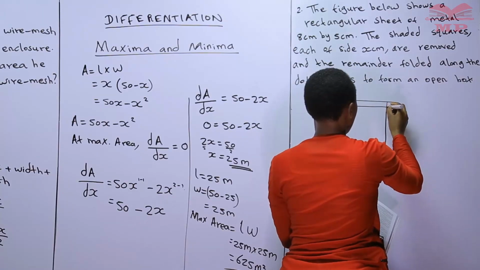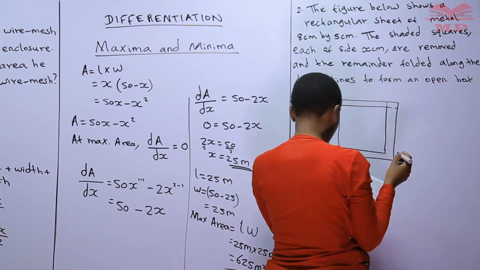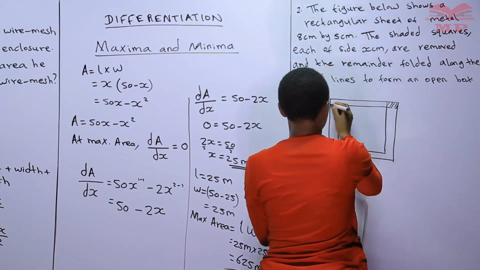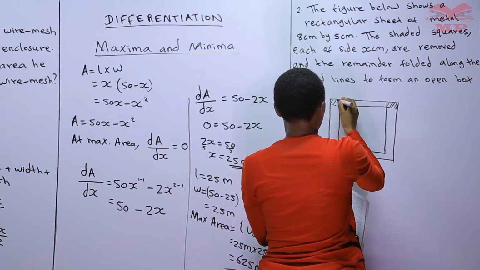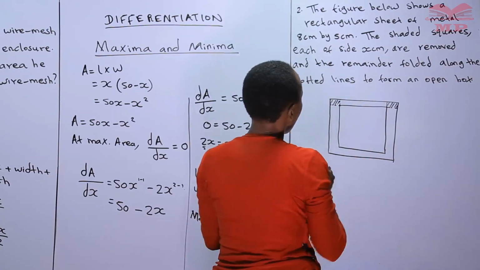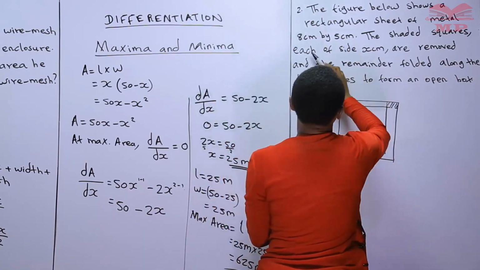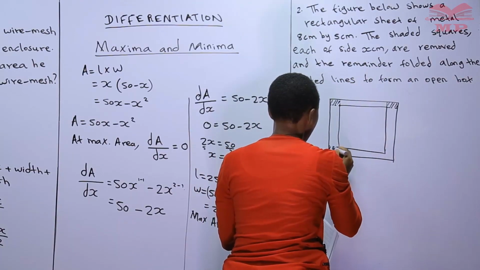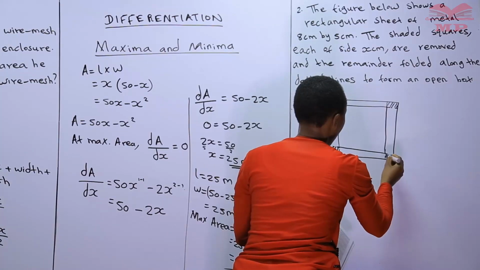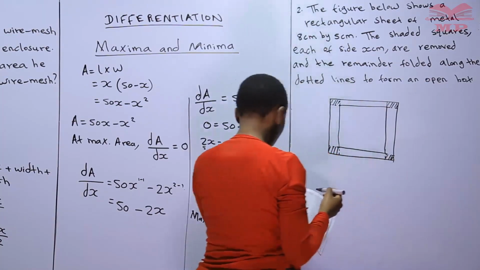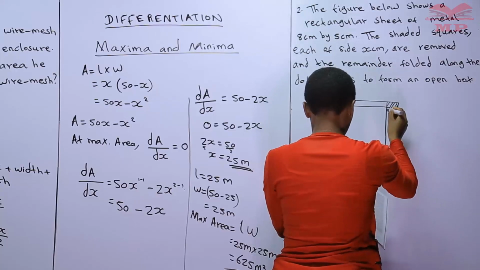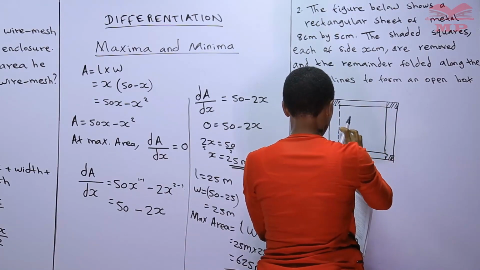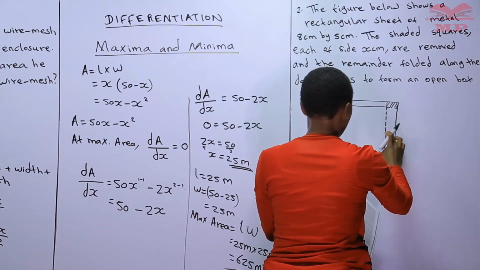So these are the shaded squares, and we are told that the shaded squares, each of side x centimeters, have been removed, this one, and again we have the other one here.